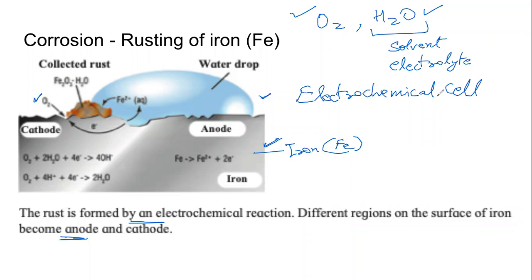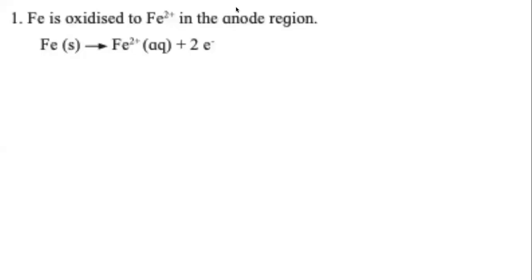Are you with me till now? So at the anode, again, anode is the positive region. At the anode, iron is losing electrons. Iron is losing electrons to form cations, positive ions, Fe+2.